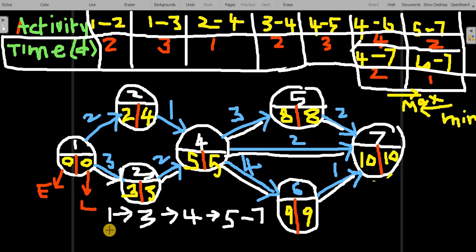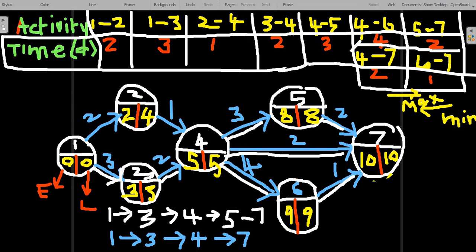The second critical path is 1 to 3, then 3 to 4, and then 4 to 7. So one more critical path is also that.